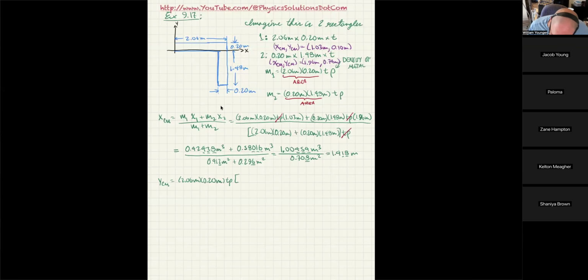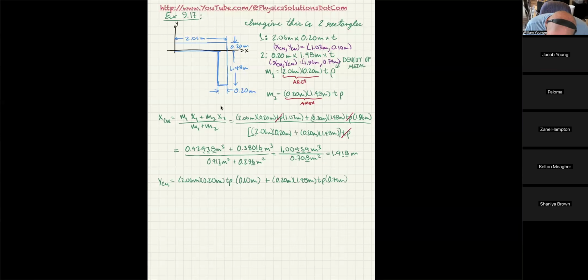Now we're going to take the y center of mass for number one, and that's of course 0.10 meters. And now we're going to take the other one, which is, as we learned before, 0.20 meters times 1.48 meters times t times rho. And then the y coordinate for the second one is 0.74, like that.